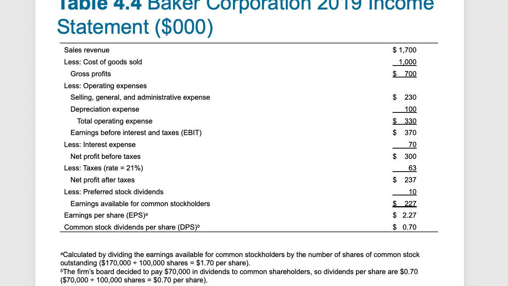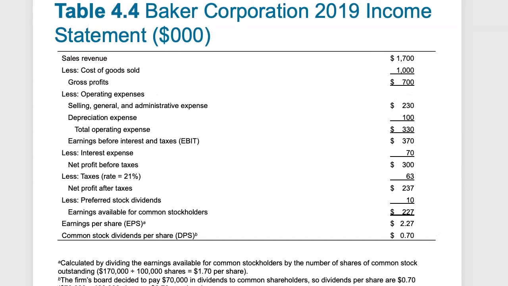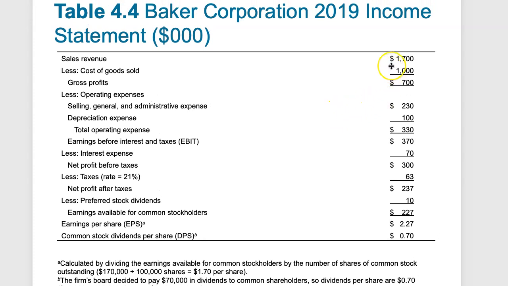So here's an example of a cash flow statement. Now you can see here are the sales. This is the income statement. So here's the example of income statement we're going to be working with. Here is from the sales to the gross profits. Here's a depreciation expense of 100, our total operating expenses, and then all the way down to our net income before taxes and our net income after taxes.